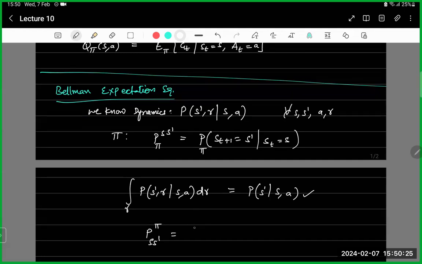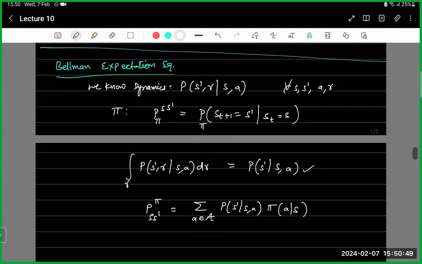It is sigma over all A, over the finite set of actions, of P of S dash given S comma A, multiplied by pi of A given S. So I know how to find P pi SS dash.